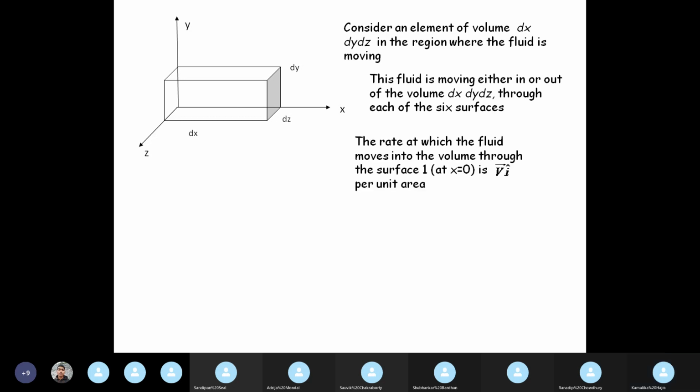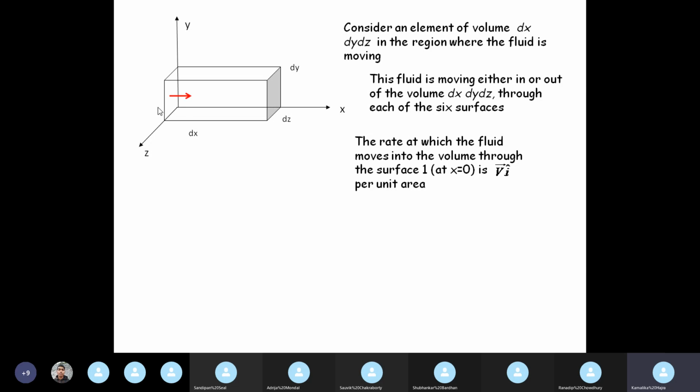Now, the rate at which the fluid moves into the volume through the surface 1. Consider this surface only. Okay. So we just saw that the amount of fluid crossing a surface per unit area, per unit time is given by V dot n cap. Now what is the normal to this surface here? So this is what I am saying. The fluid coming in through here. Now what is the normal to this surface?